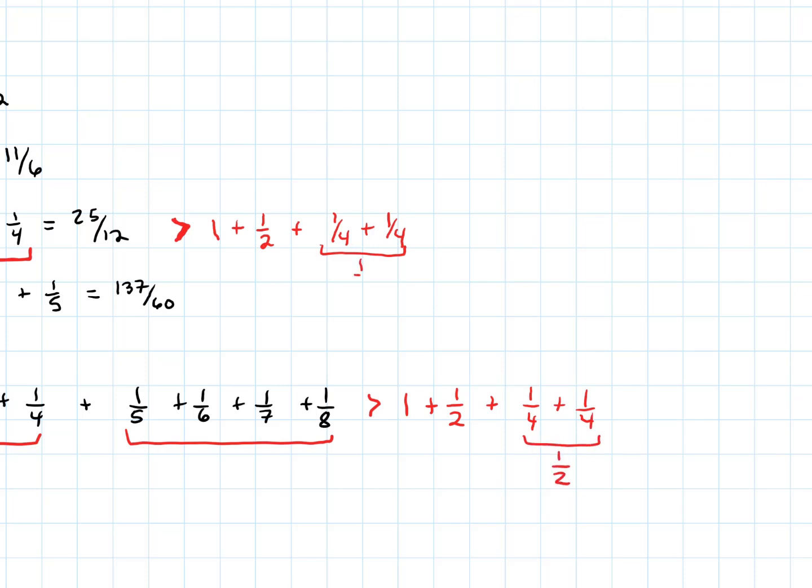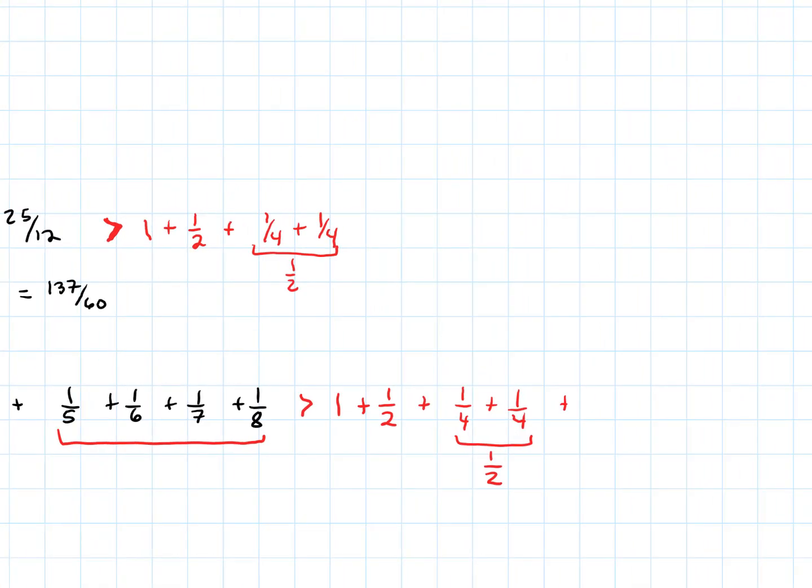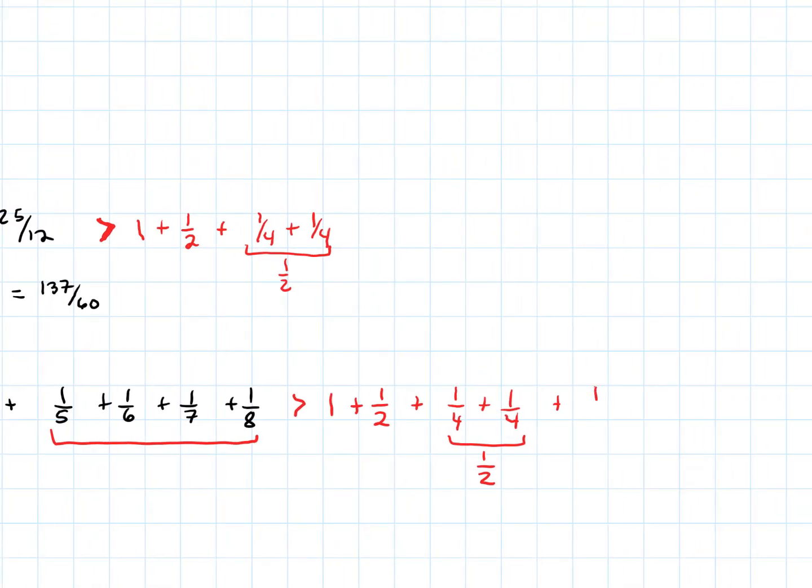I should have written that up here too. This is 1/2. And then, if we replace the 1/5, the 1/6, the 1/7, and the 1/8 with 1/8, 1/8, 1/8, 1/8, which we can do because we changed it to an inequality (remember, we've changed this into a greater than), then this whole thing right here is also 1/2.